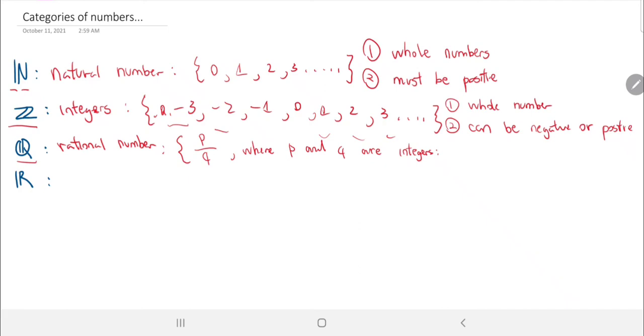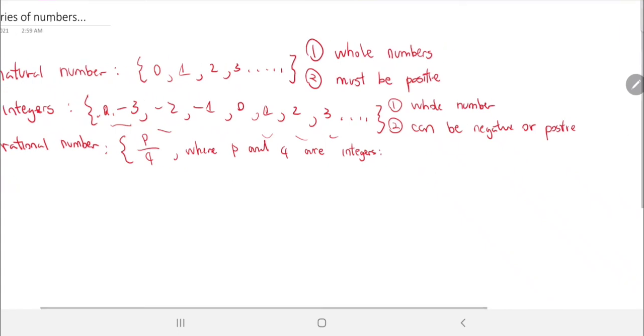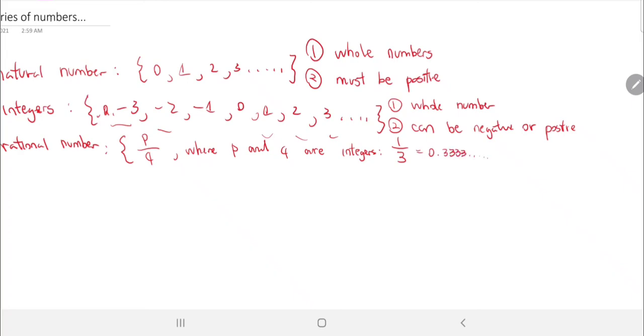What does this mean? It means that any rational number can be written in the form of an integer divided by another integer. For example, 1/3. If it's a decimal, we can write it in the form of 0.3333 and so on. It just continues.